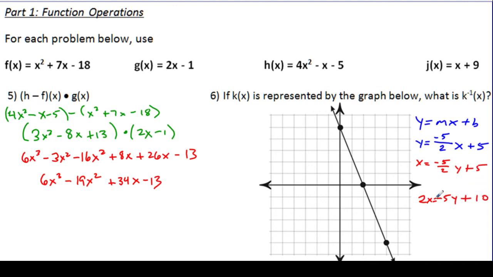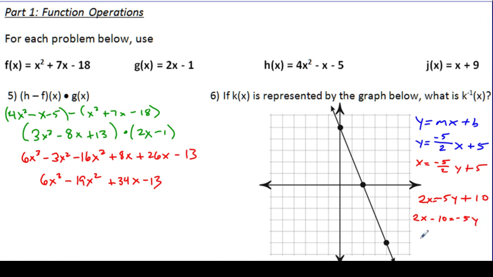So what I did was I multiplied everything by 2, so I attached a 2 onto x. It canceled out the dividing by 2, and it multiplied the 5 by 2 as well. So everything got multiplied by 2. Now it's pretty easy to solve. I can subtract over the 10, and it becomes 2x minus 10 equals negative 5y. Then I can divide everything by negative 5.